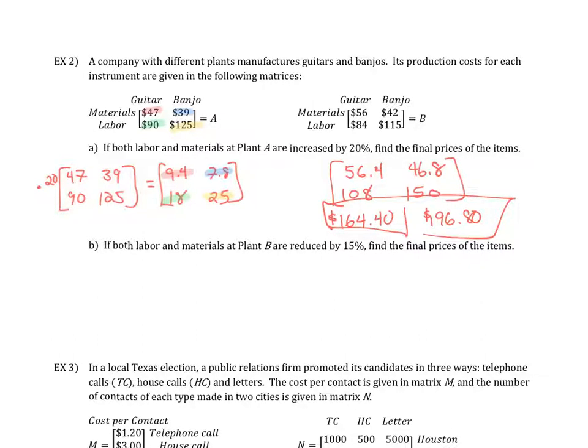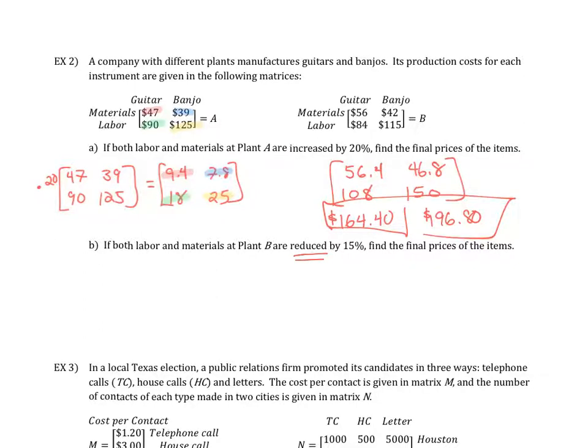So we can do something very similar to this one here, this part B. If both labor and materials at plant B are reduced by 15%, that word is super important, reduced by 15%, find the final prices of the items. So I'm going to do something very similar.